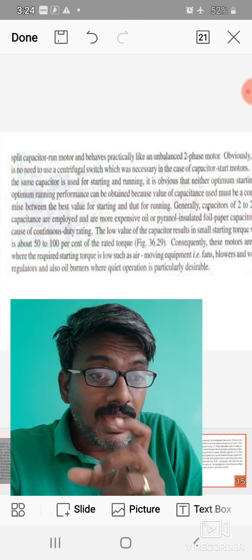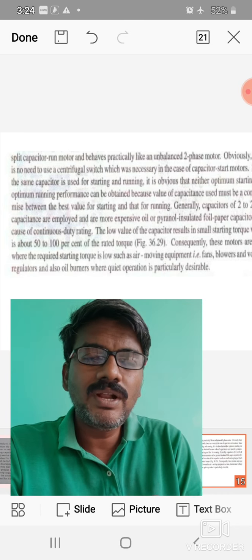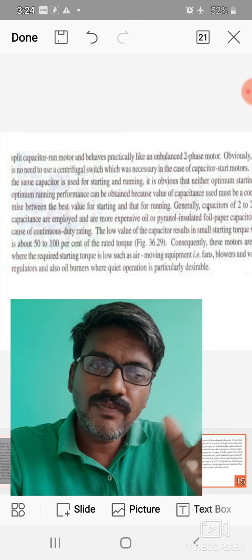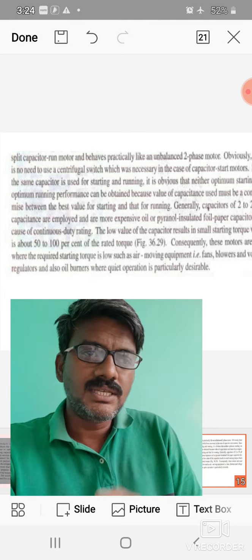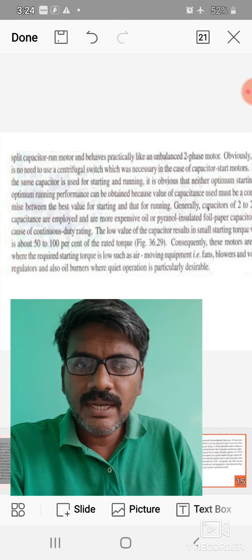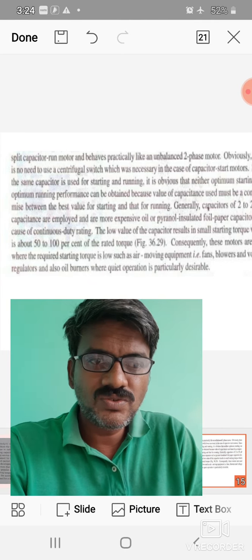We are not providing a balanced supply to the two windings; we are providing a single phase supply to different windings. Because of connecting a capacitance in the circuit, we are getting two fluxes.